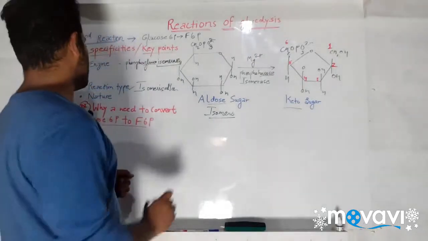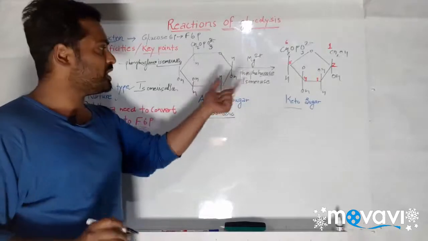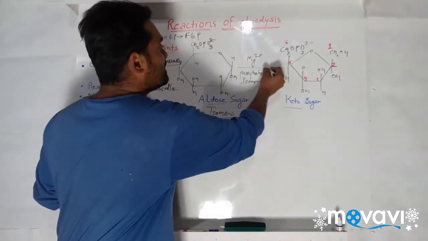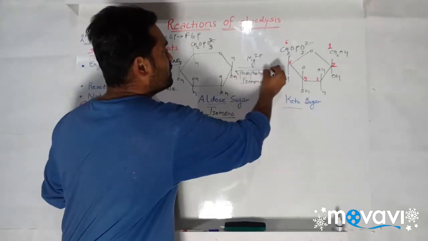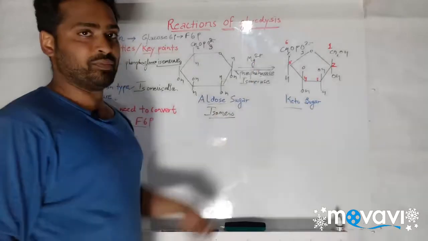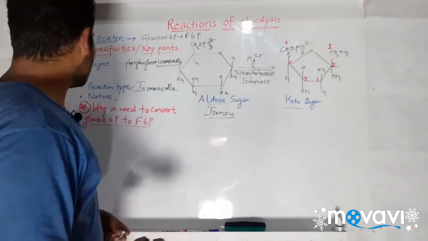So this is the difference. This reaction is reversible, and it also needs Mg2+ for the enzyme to carry out its function.